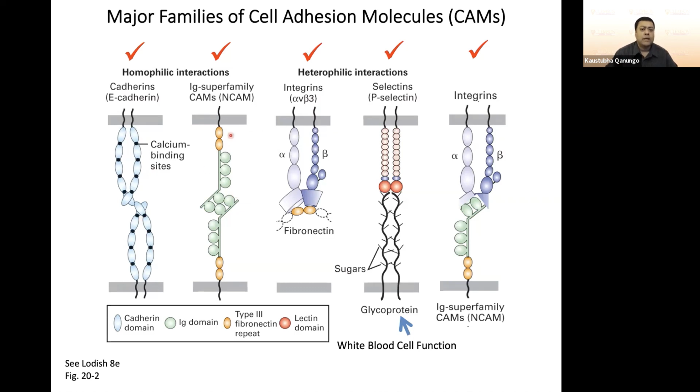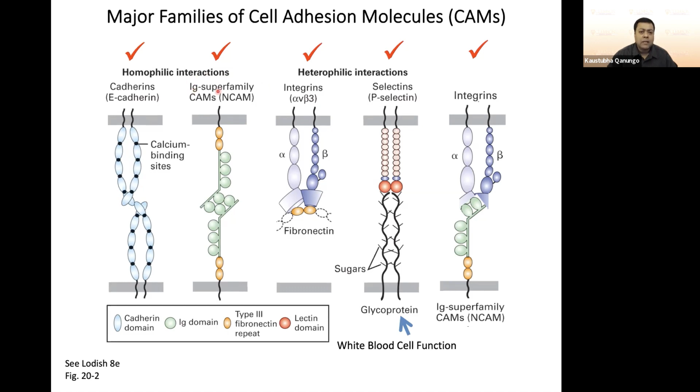The next one is what we call the Ig superfamily, which means the immunoglobulin superfamily. Please remember that the immunoglobulins or antibodies that you have, the IgGs, IgAs, IgMs, are part of your immune system and have nothing to do with this. Why do we call it an Ig superfamily? Because the repeated sequences of these adhesion molecules do have similarities with those antibodies or immunoglobulins.